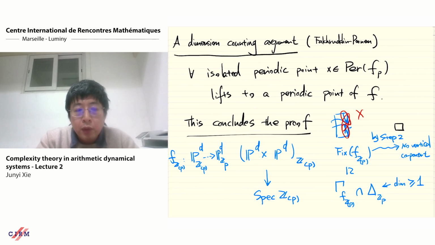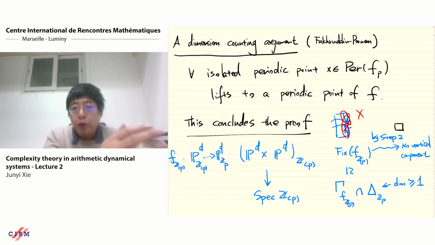So you think your f is a map defined over Z, but now you want to take advantage of the dimension of Z. So basically, you add one dimension, and now you consider the fixed point for this scheme map, and the fixed point can be thought of as the intersection of the graph and the diagonal.